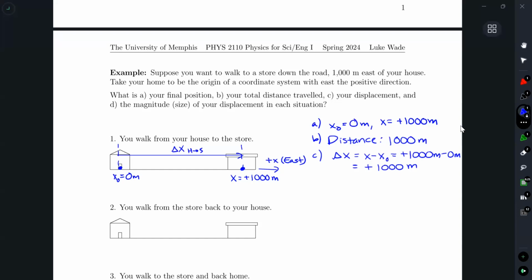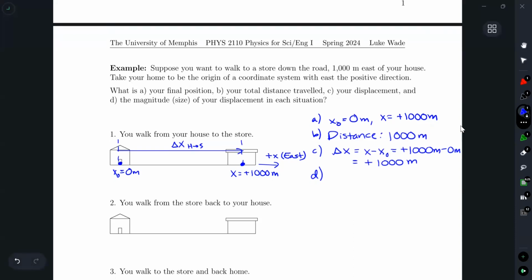So the positives and negatives are relevant here because it bakes in the idea of direction. But for part D, the size of my displacement is just that 1,000 bit. A lot of times we write the magnitude as an absolute value. That is just 1,000 meters. That's the size of my displacement without any concern for direction.